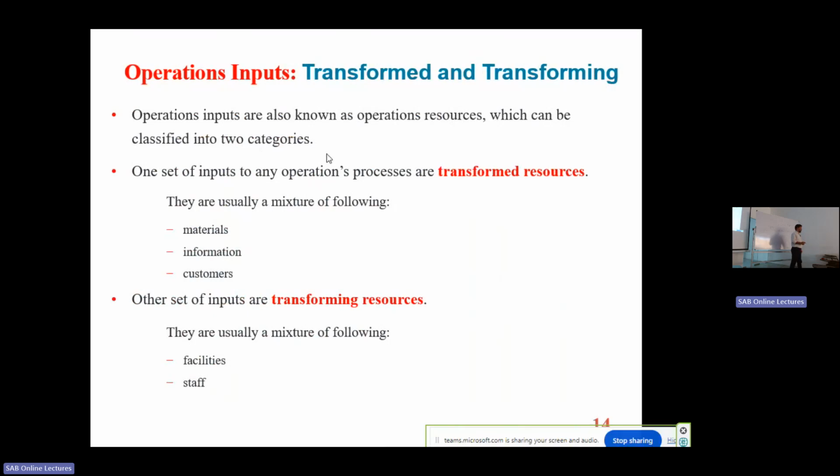But some services may process materials also, like restaurant kitchen operations, which process food items into dishes. That is material processing. They have both. And information is everywhere. Give an example, shipping lines.